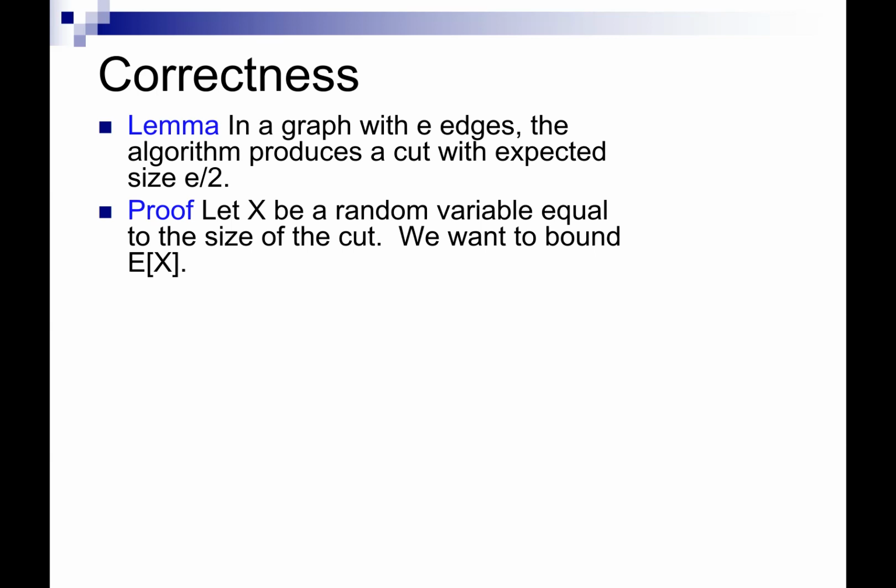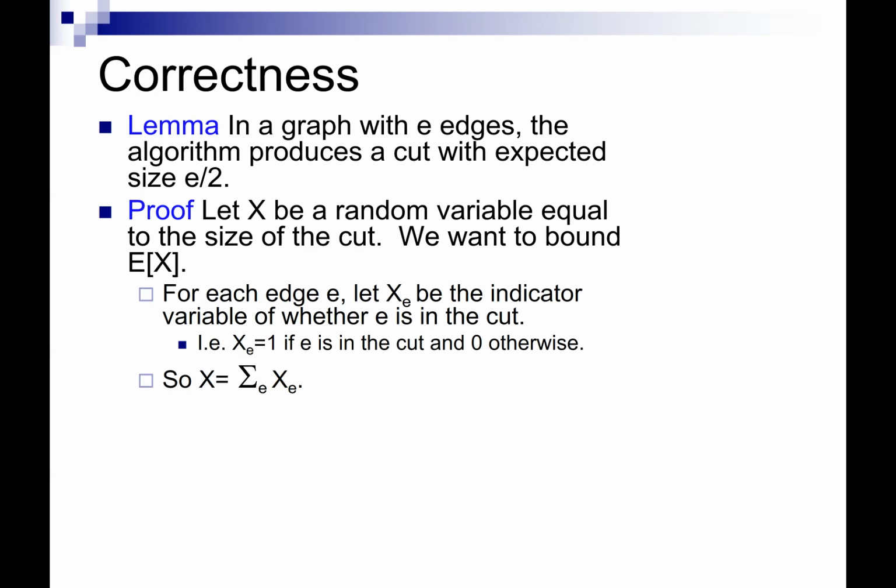So let's let x be a random variable equal to the size of the cut. We want to know how big this cut is, so we want to bound the expected value of x. The way we're going to do this is we're again going to rely on linearity of expectations.